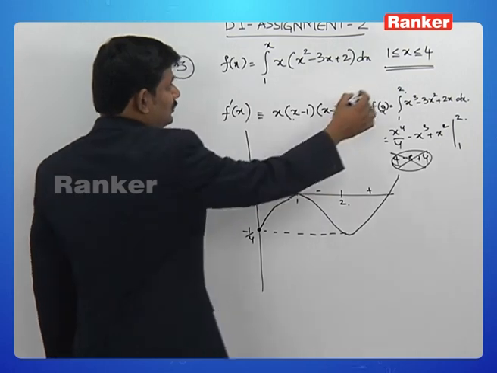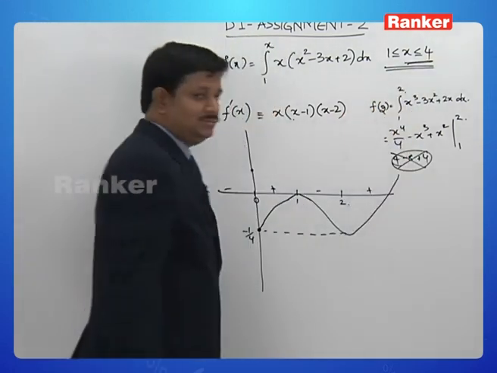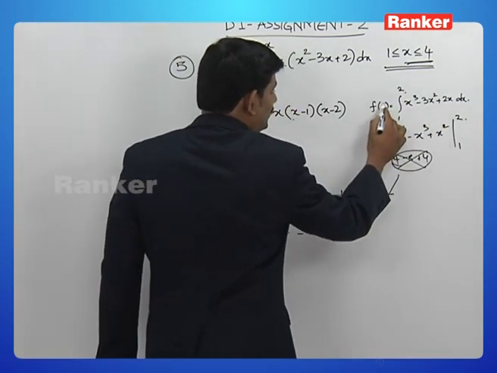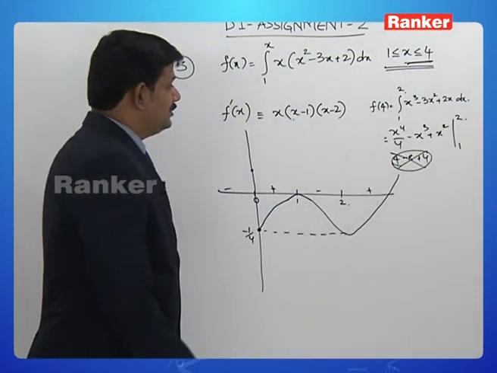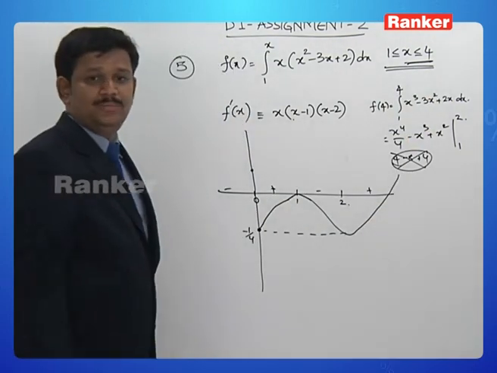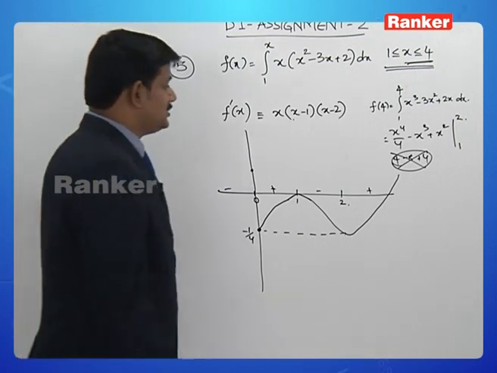and at 4, because x is less than or equal to 4, the functional value would be f of 4, which is integral 1 to 4 x cube minus 3x square plus 2x dx.